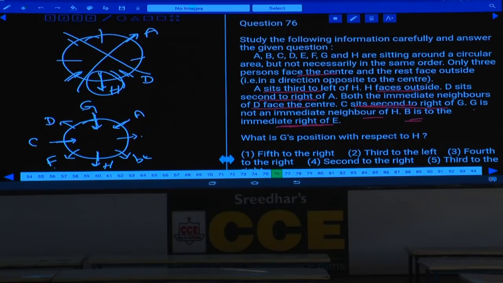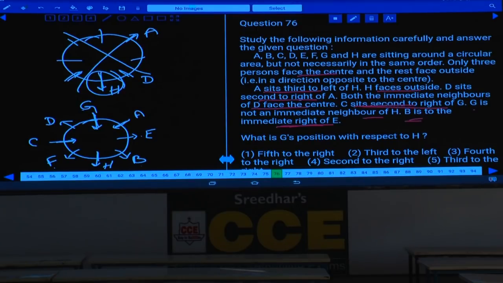As B is to the immediate right of E, this person is E, and this person must be B. Clear now? And this is the final arrangement wherein these 8 persons are seated around a circular table, 3 are inward and 5 are outward.